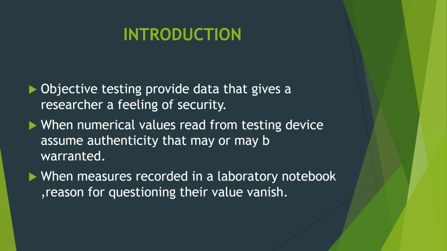But the numerical values that the device gives us remain the same if the same sample is tested again and again. So a researcher may vanish their doubt about the results of the product which he is going to assess.